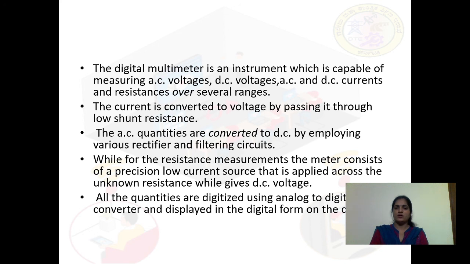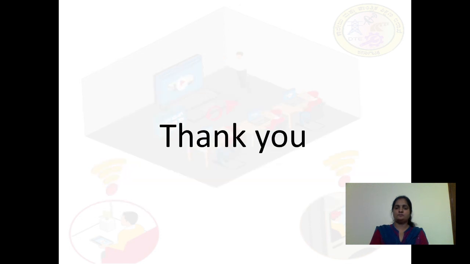And resistance measurement can be achieved with a low precision, low current source applied across the unknown resistance, which gives a DC voltage. Then all the quantities are digitized using an analog to digital converter and displayed in digital form.